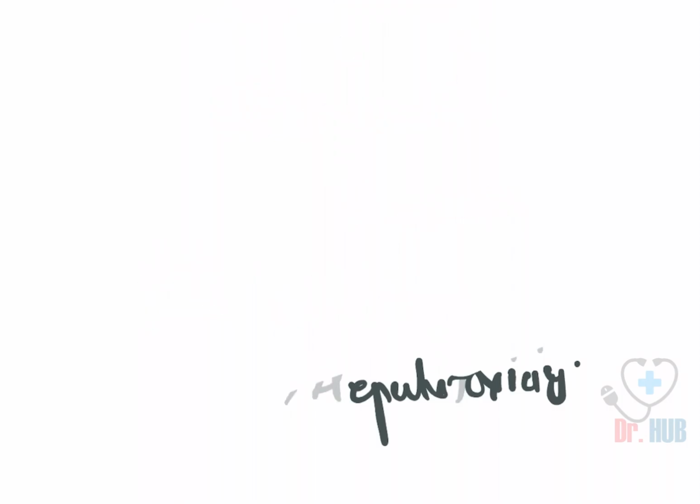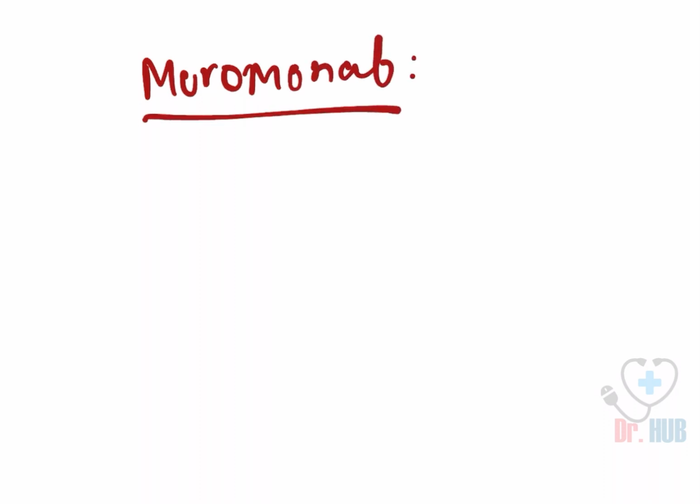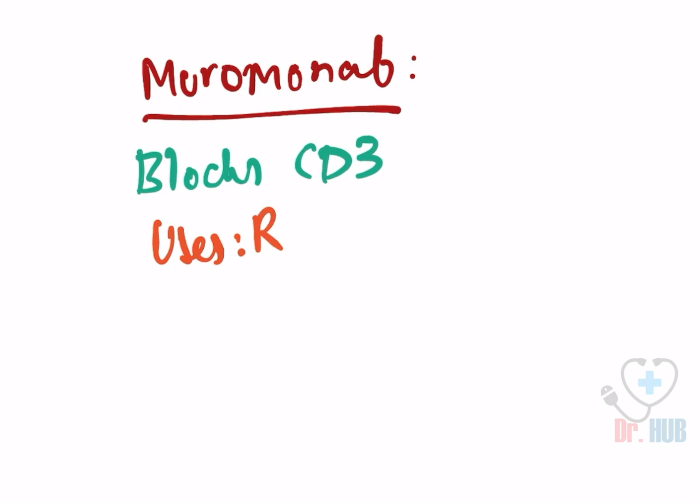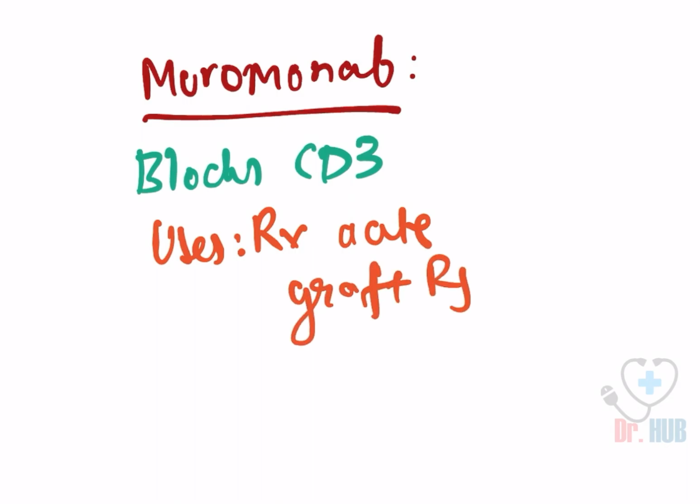Next, we look at the MuroMonab. So this MuroMonab drug, it blocks the CD3, and looking at the uses, it is used for the acute graft rejection as well as in case of the rebound rejection.